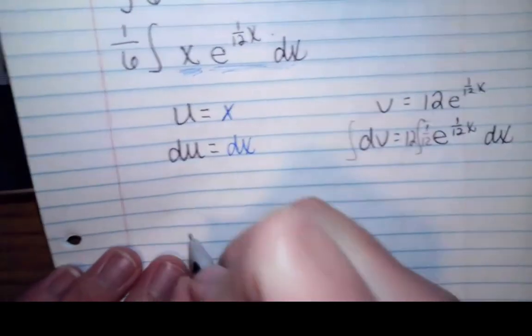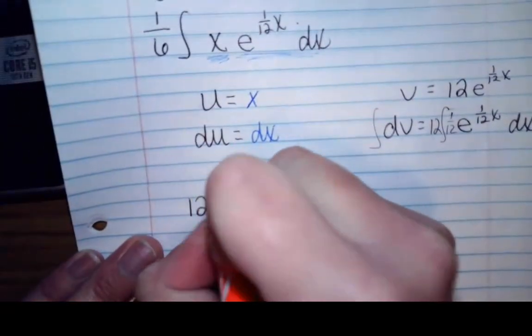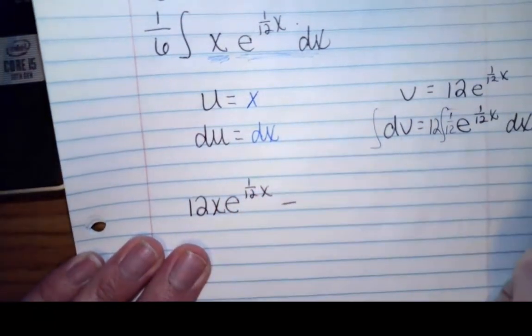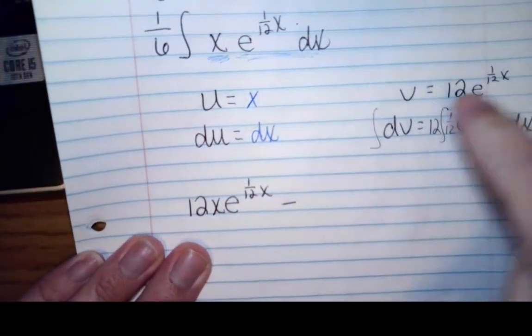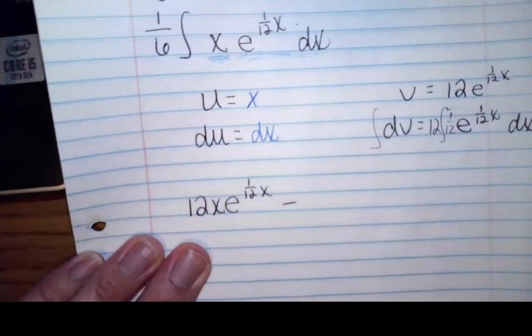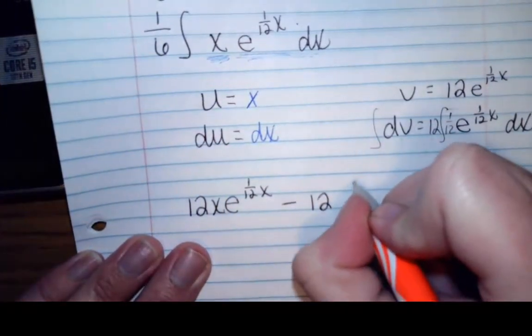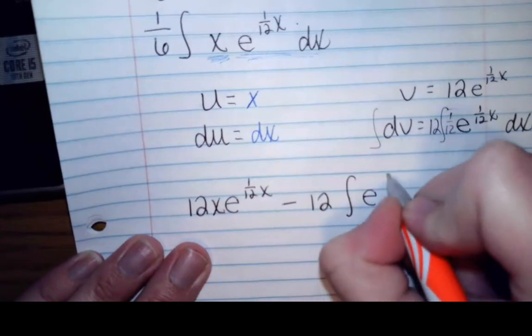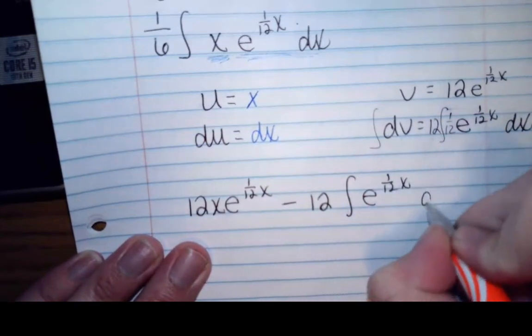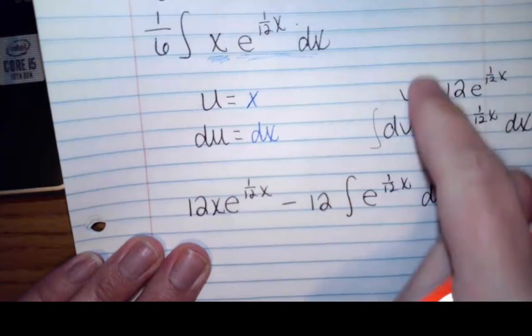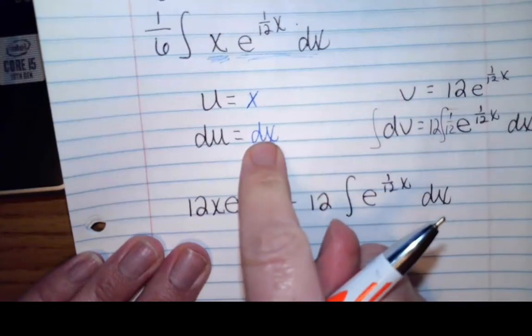So uv is going to be 12x e to the 1/12 x minus the integral of this way. So I'm going to pull that 12 out front, okay, times the integral of e to the 1/12 x dx. Okay, so 12 e to the 1/12 x dx.